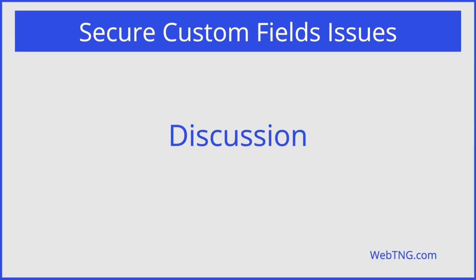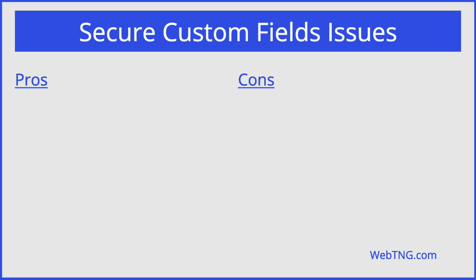Okay, let's have a quick recap. Secure Custom Fields is a fork of ACF Pro. The advantages for users of Secure Custom Fields are it's free and has all the features of ACF Pro, which is a paid option. This makes it the most feature-rich free option available.